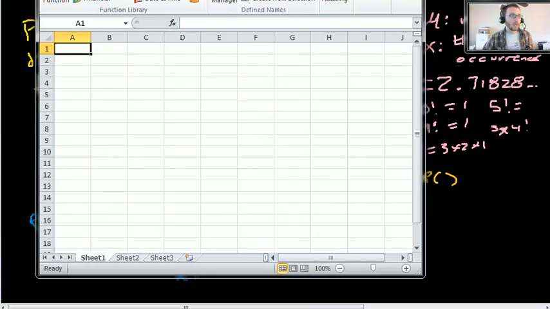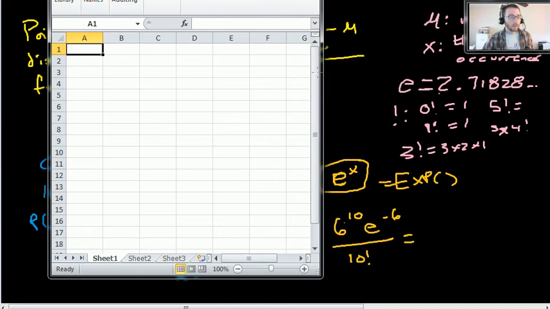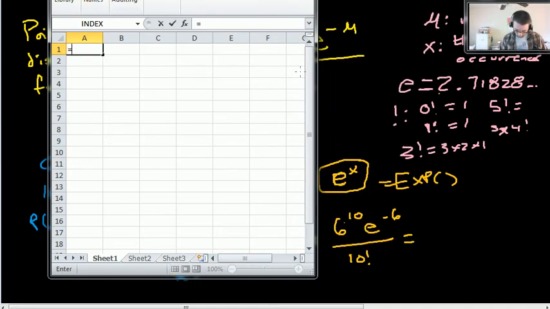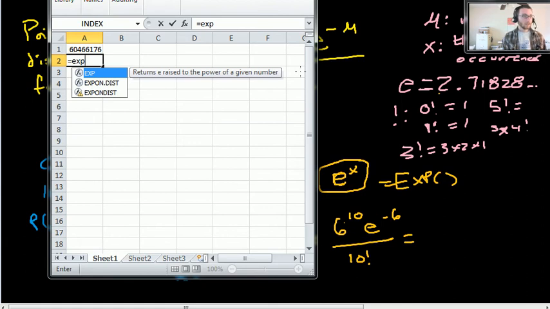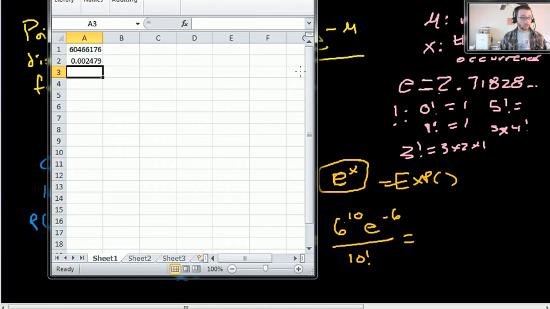All right, so we have 6 to the 10th power. That's a big number. And we have e raised to the negative 6. That's a small number. We want to multiply these together, and this is our numerator, which again is a big number.